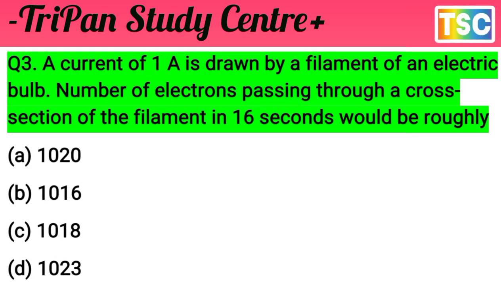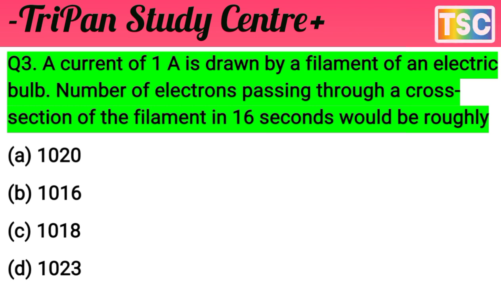The next question: a current of 1 ampere is drawn by the filament of an electric bulb.